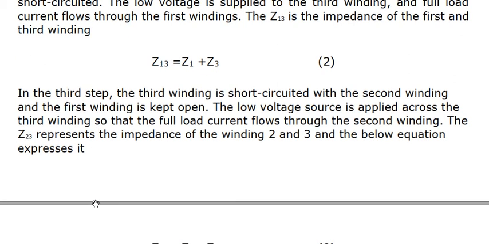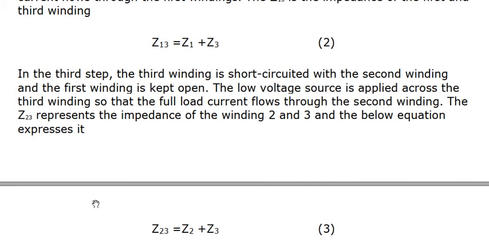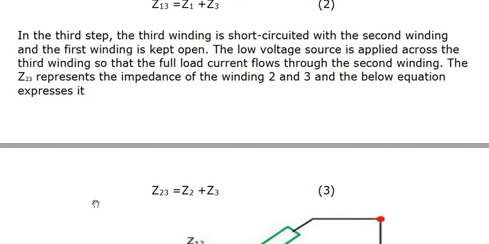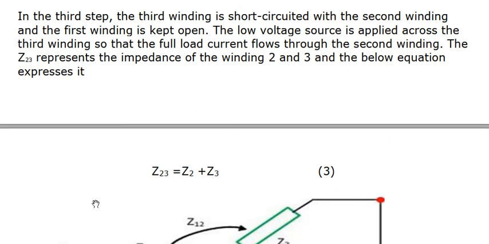In the third step, the third winding is short circuited with the second winding and the first winding kept open. The low voltage source is applied across the second winding so that the full load current flows through the third winding.